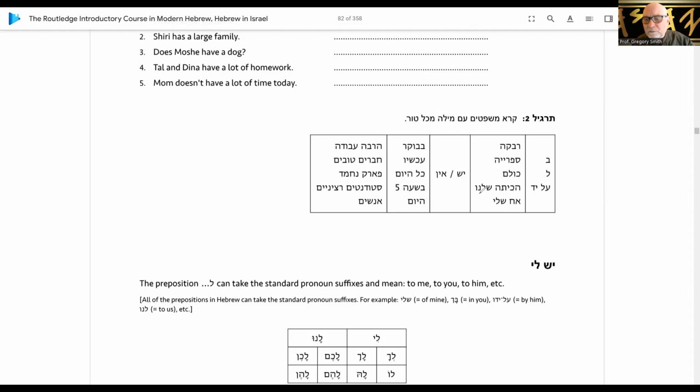Under this nun would be like a kametz or a patach, so it's like shalanu. And then that would have a shuruk there, but you don't have any of this vowel pointing. So hakita shalanu.